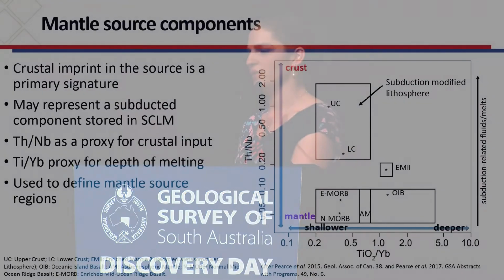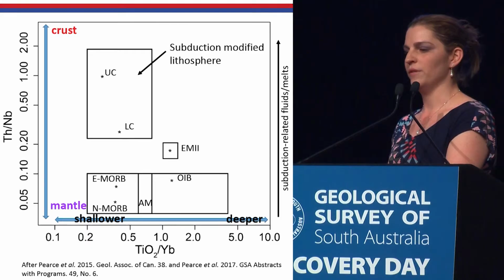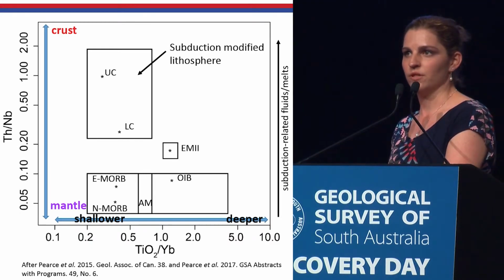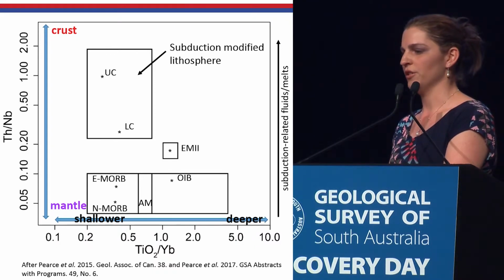One way of doing this is using things like source component diagrams, and here we're using the thorium-niobium ratios as an input for a crustal component, and this could either be something that's been previously subducted and stored within the subcontinental lithospheric mantle, or it could represent crustal contamination.